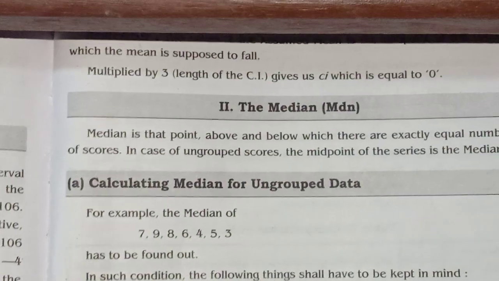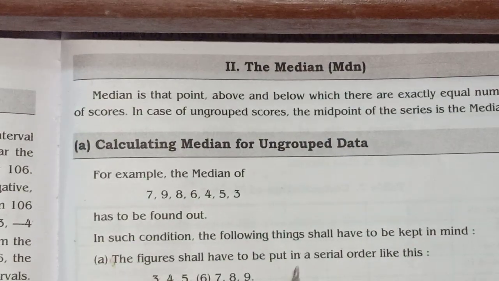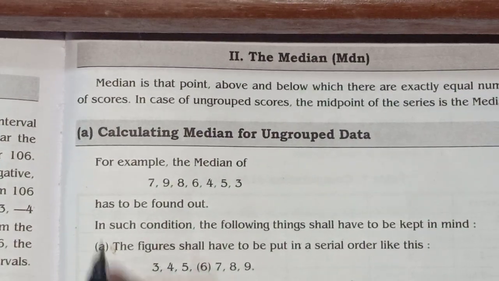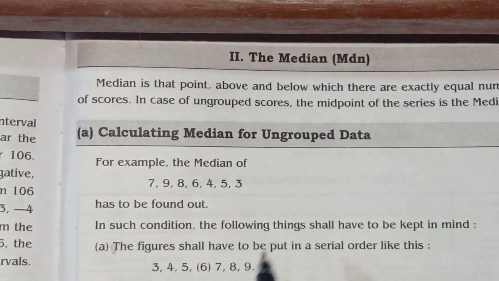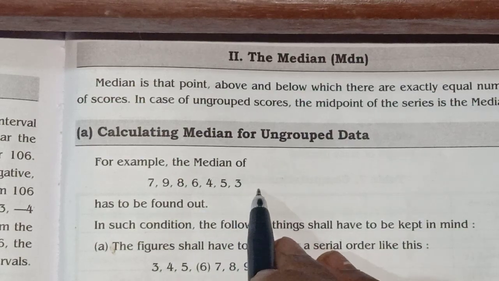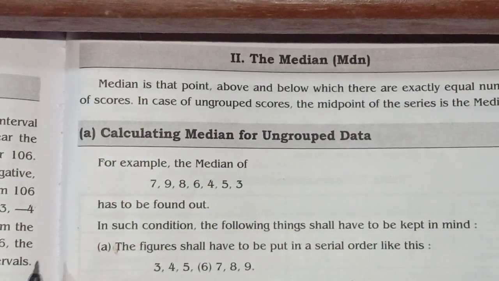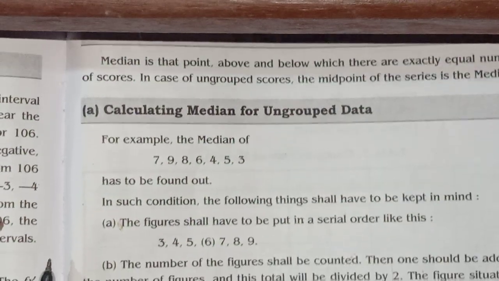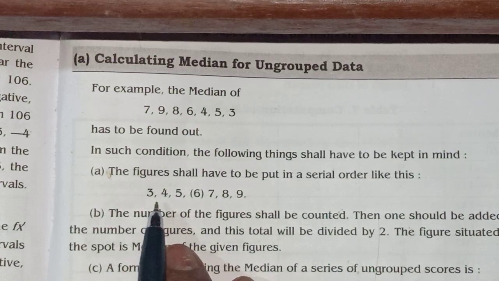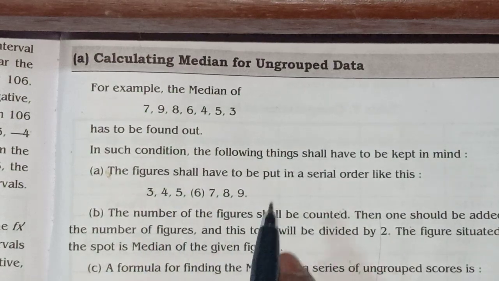So median is simply the score below and above which there are the same number of scores. So this is an example: 7, 9, 8, 6, 4, 5, 3. We have to arrange these properly. If we arrange these properly, it will be 3, 4, 5, 6, 7, 8, 9.